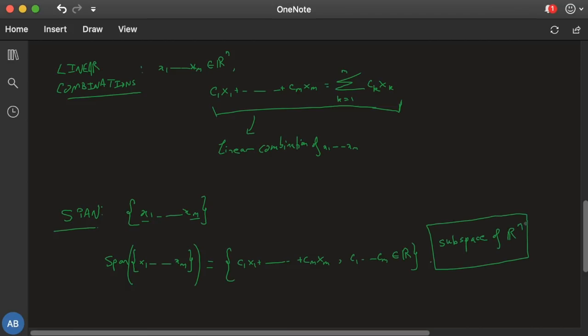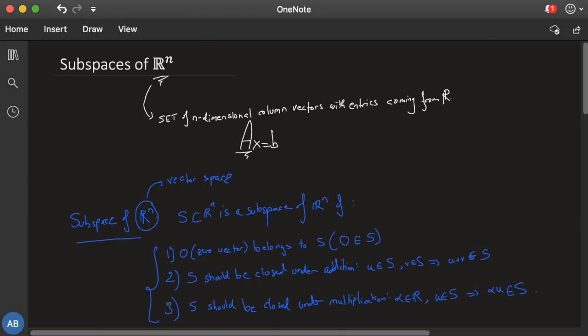Keep this in mind: a span is always a subspace. It's easy to verify that it falls in Rn because each and every xk falls in Rn, and it satisfies the three conditions that qualify it to be a subspace.